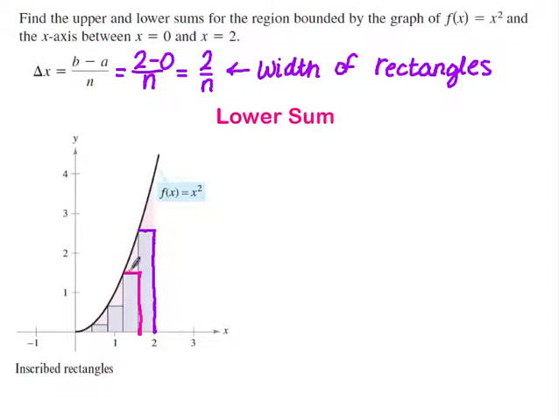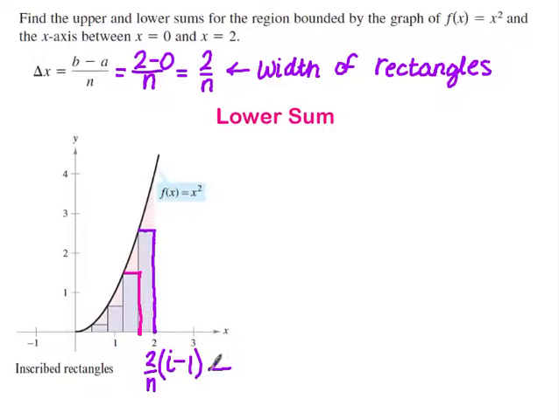So this is how we represent it. This is where things get a little tough to understand. How I represent this is, in order to move back to the previous one, I'm going to use i minus 1. And i refers to the rectangle that you're talking about. Now the other thing you need to attach is the width of the rectangle. And so in this case I've got my 2 over n.